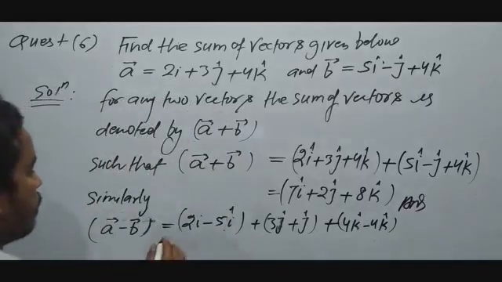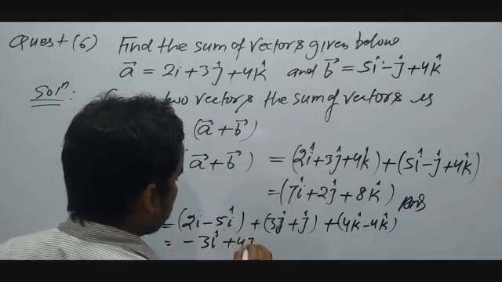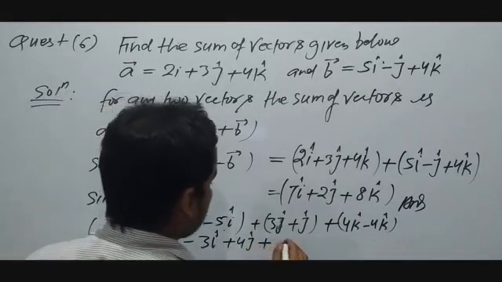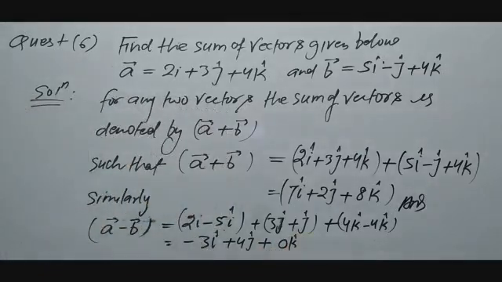Now this result will be minus 3i plus 4j plus 0k. This is the extra question.